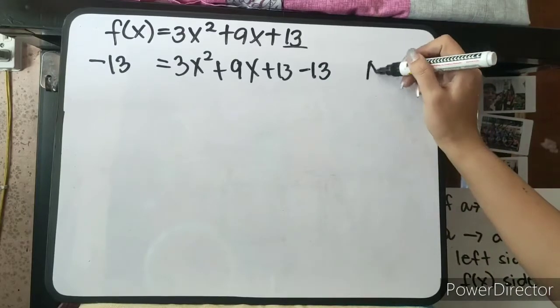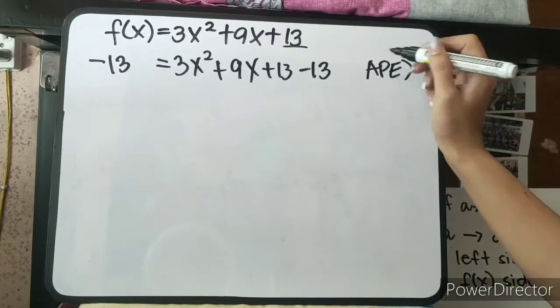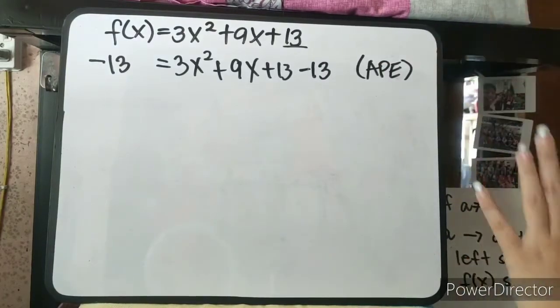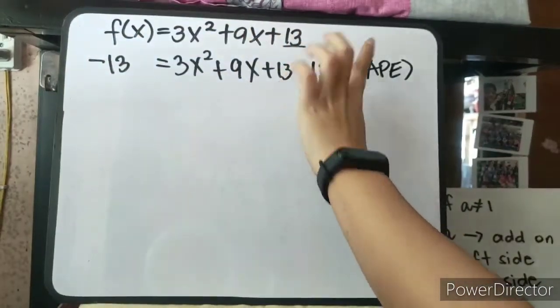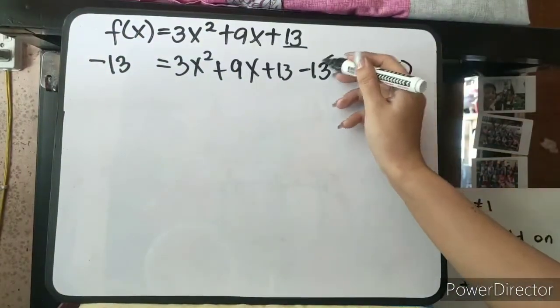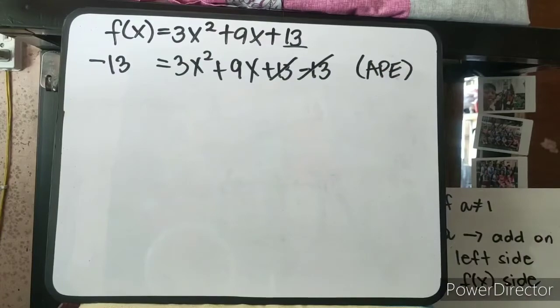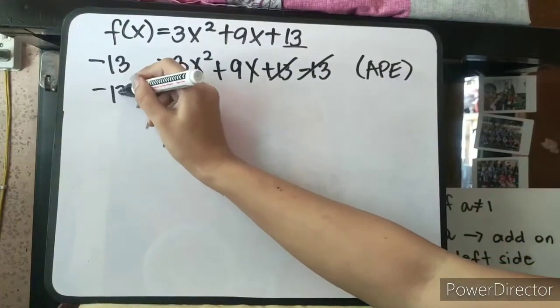So that is the application of the addition property of equality, or ako kasi transposition lang yung ginagawa ko. Okay? So naging 0 yon. So ito na siya.